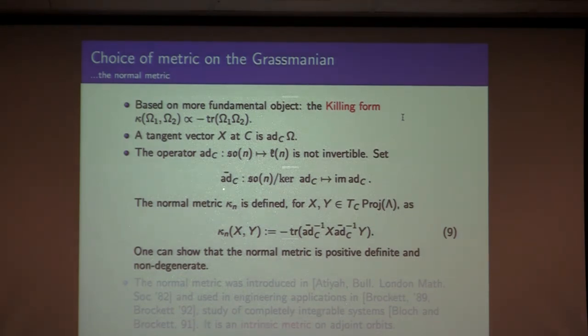So we make it invertible in the most trivial way: we restrict its codomain to its image, and we mod out by its kernel. This is what the folks who introduced the normal metric did, and you get this form for the normal metric, which looks a bit complex but is really quite natural. You just undo in one well-chosen way the action of this ad_C, and then you use this very natural metric, the Killing form.